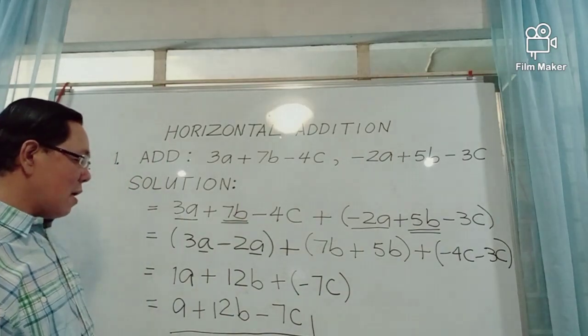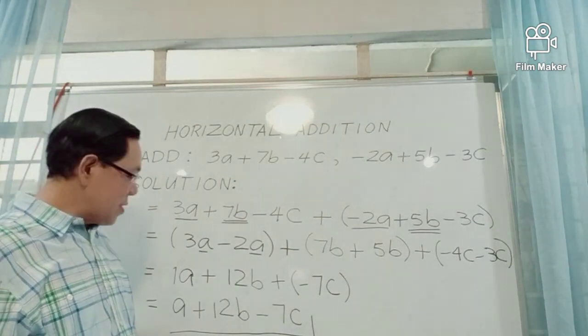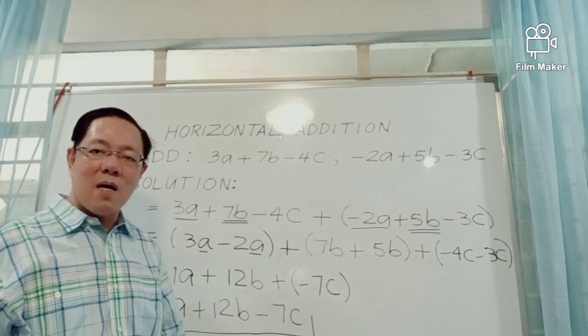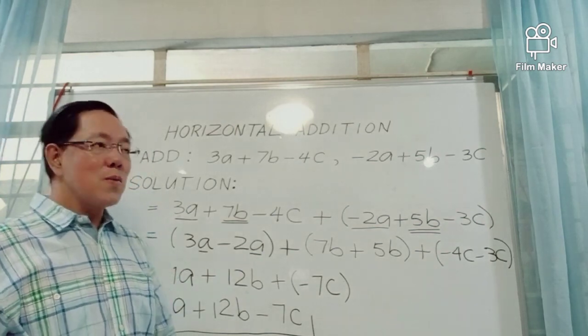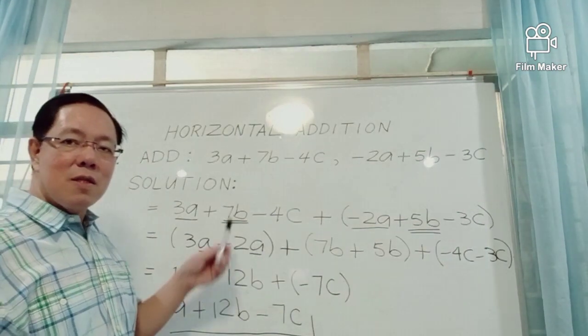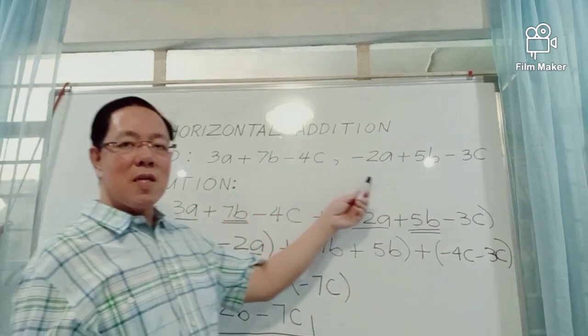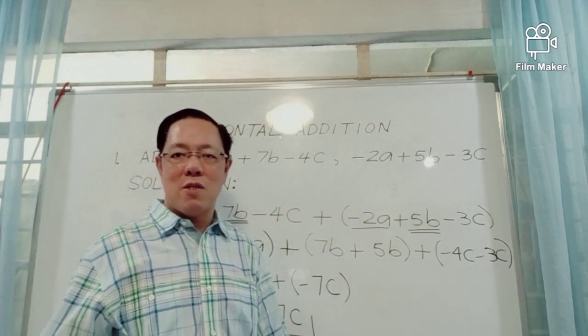And you can see that the sum is the same as the sum we get when we use vertical addition to get the sum of the given algebraic expressions.